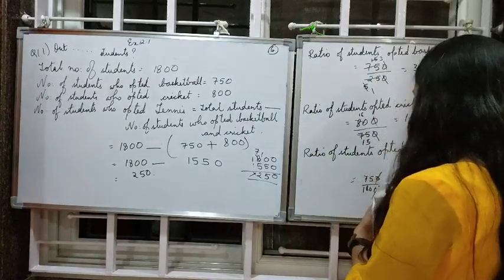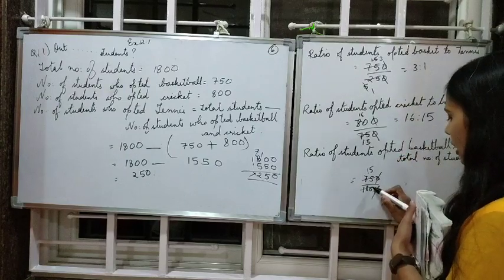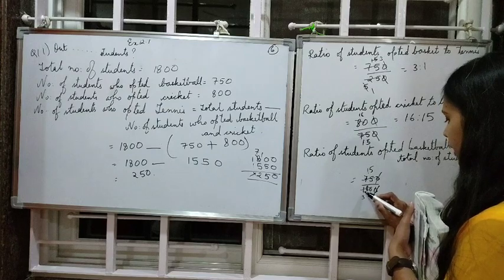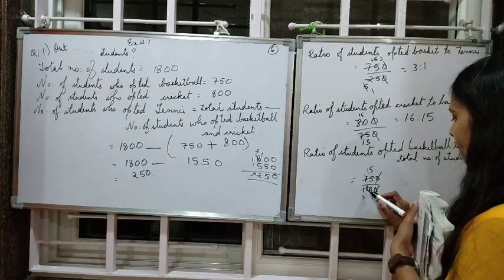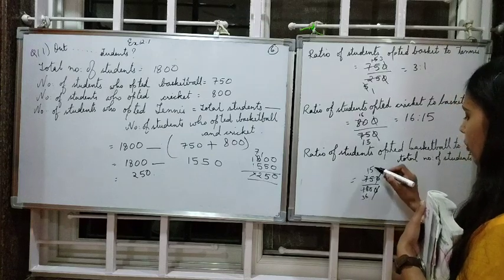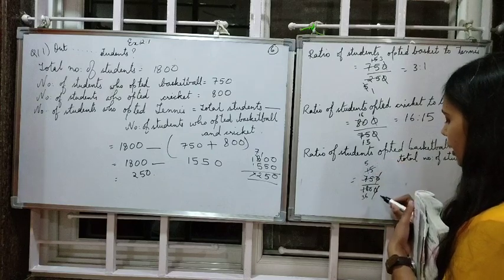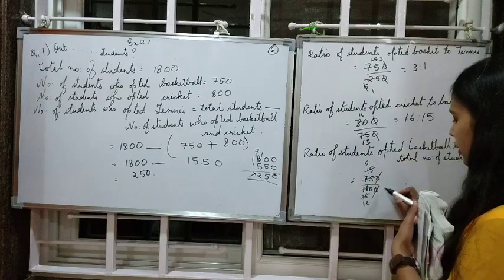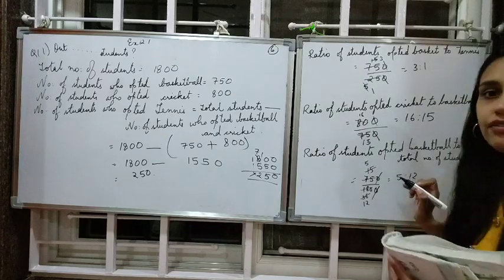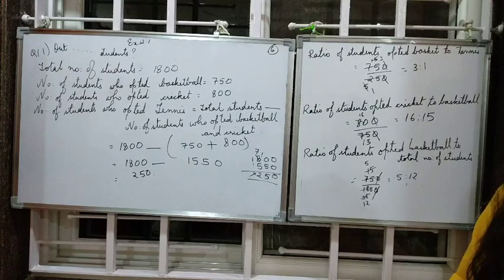We cut down the zeros. Then we divide. This is 15, and this becomes 5 3s are 15 and 5 6s are 30. Both will go by 3. 3 5s are 15, 3 12s are 36. So it is 5 by 12, that is 5:12. So this completes the 11th question.